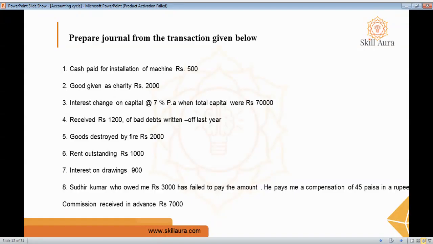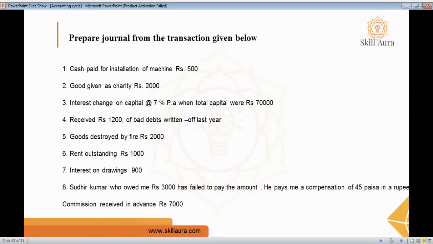The next transaction is interest on drawings. Here it is related to capital.